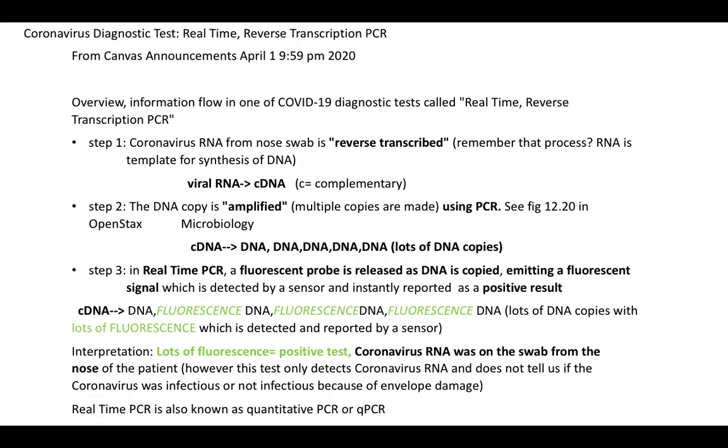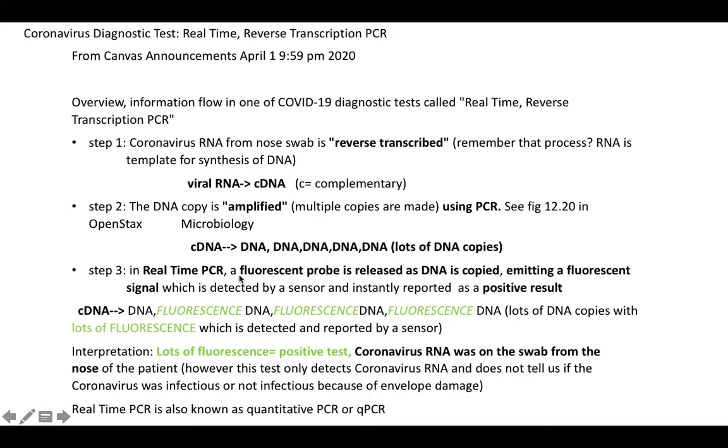It's a heat-resistant DNA polymerase isolated from hyperthermophiles growing near the hot water springs, the hot geysers of Yellowstone. And we're going to use that DNA polymerase to make multiple copies of that target DNA sequence that encodes information for the coronavirus. Okay, so this is the polymerase chain reaction.